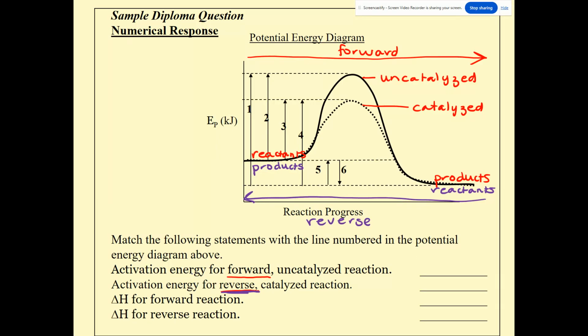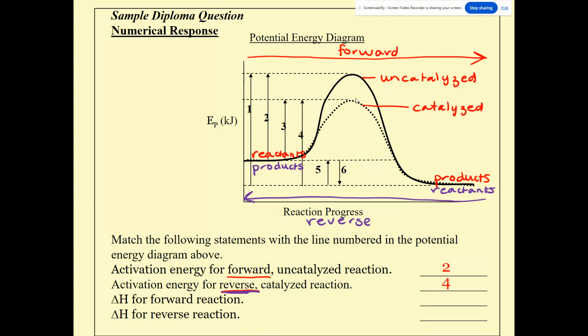The activation energy for the forward uncatalyzed reaction, so that's from the height of the red reactants to the top of the uncatalyzed hill, that would be number 2. The activation energy for the reverse catalyzed, so the purple reactants to the catalyzed hill, that would be 4.